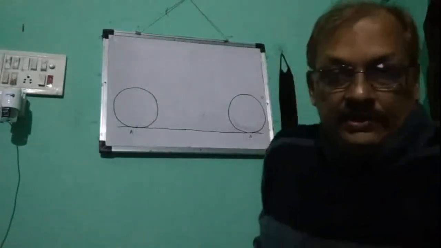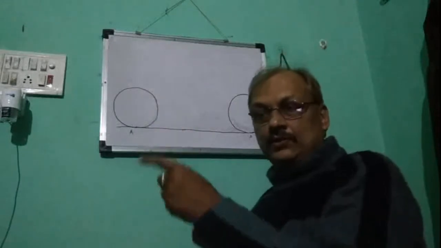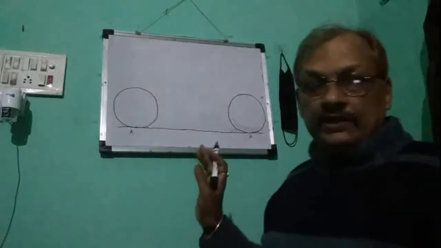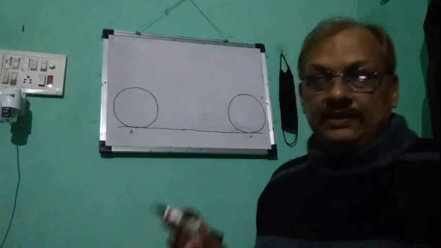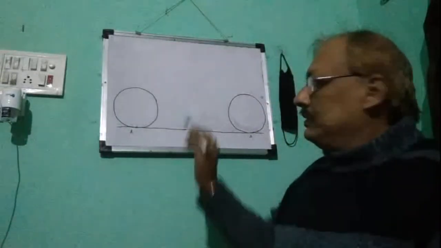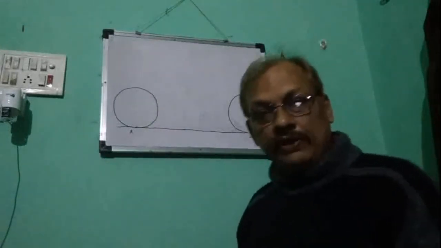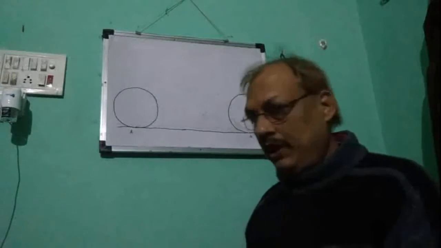We will now discuss how to make it. As in circular plotting, like in the ellipse also, we will divide this circle into an equal number of parts. Let it be 12.